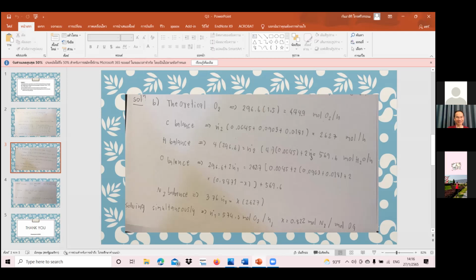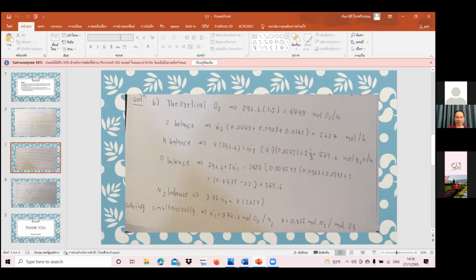Ajahn, is it correct to say that the theoretical oxygen is how many moles of O2 would react based on the stoichiometric equation?